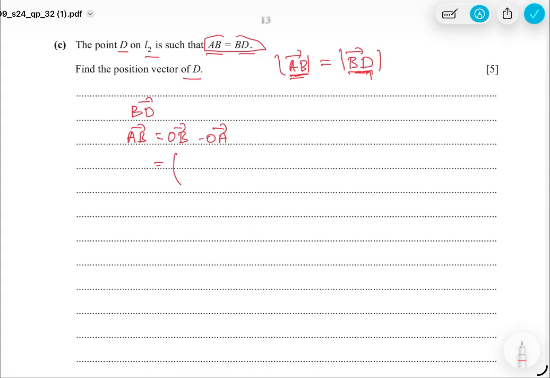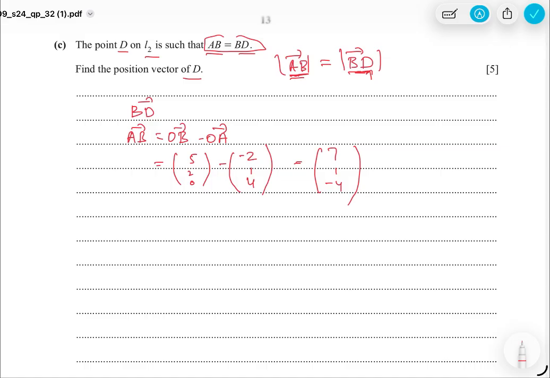The OB was 5, 2, 0 minus what was OA? Minus 2, 1 and 4. So if we subtract them, this would give us 7. 2 minus 1 is 1 and minus 4. Yes or no? This would be the case.